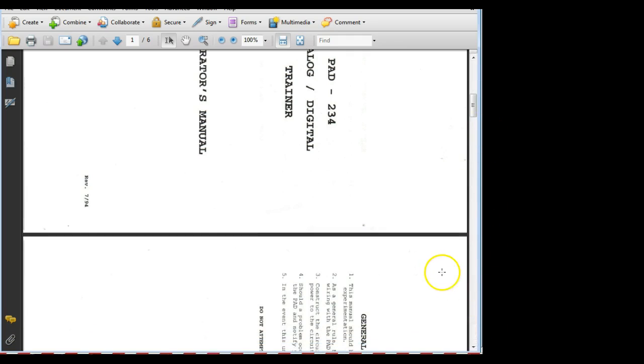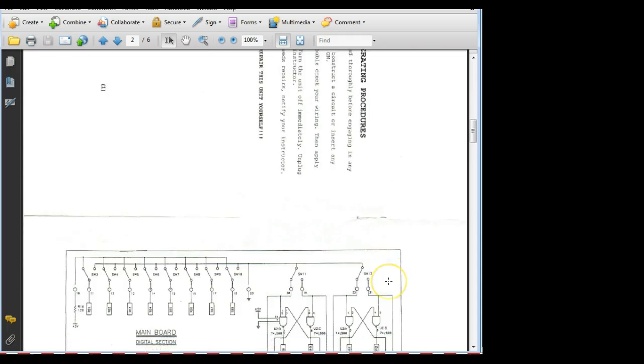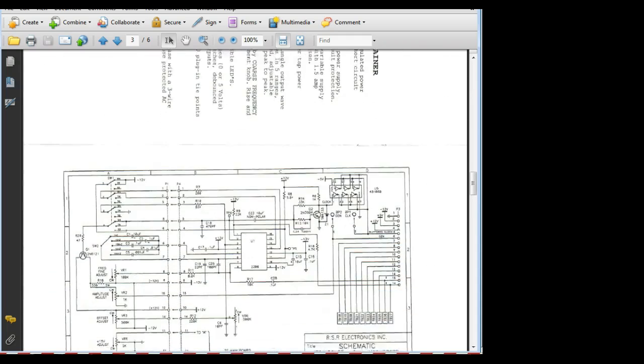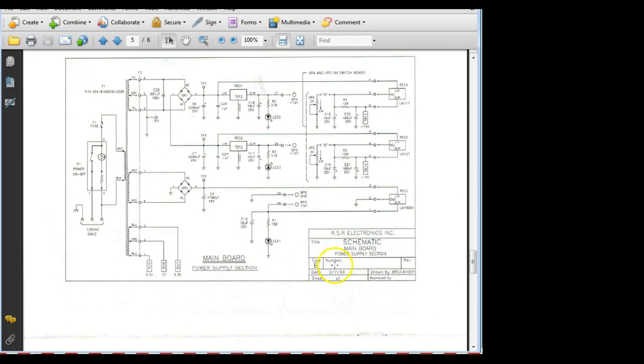It's probably in this little book that comes with the trainer. And what's nice about people that sell electronic stuff is they give you the schematics on it. So here's the power supply.